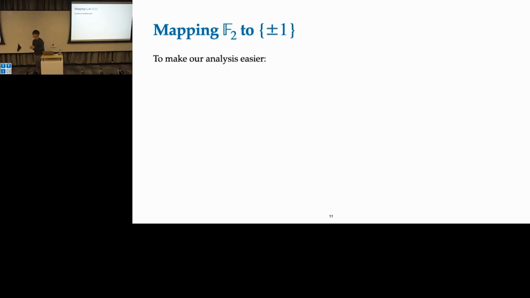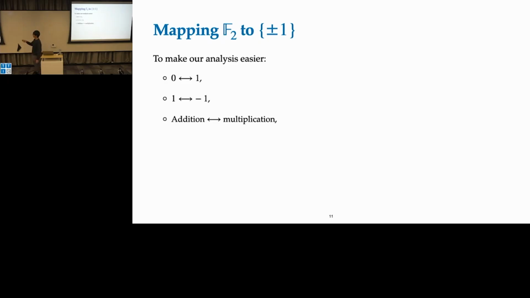Before we go on, I want to make a notation switch for this talk. This is actually very often used in analysis. It'll make our analysis much simpler. I'm going to switch F2 into plus minus 1, and after this, everything is plus minus 1. So 0 gets mapped to 1, 1 gets mapped to negative 1, and then addition in F2 becomes multiplication in plus minus 1.